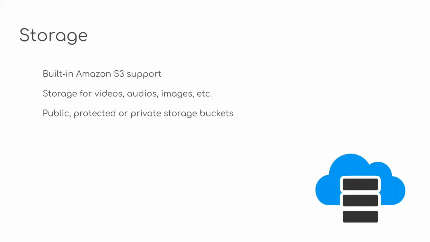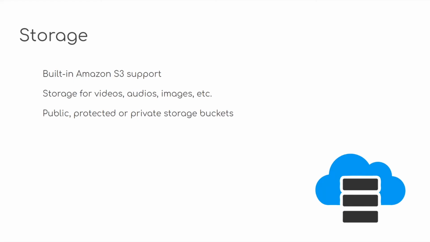Also, Amplify can let you manage and store user-generated content, including videos, audios, images, PDF files or CSVs, and everything in a secure manner. Amplify comes with built-in support for Amazon S3, which helps you manage this cloud scale storage effectively.